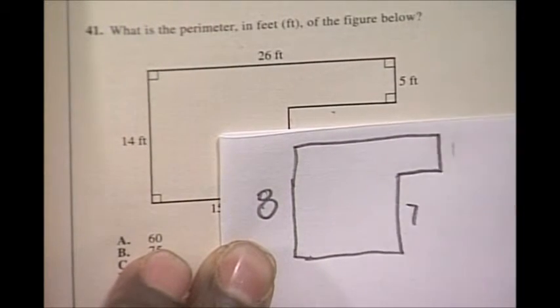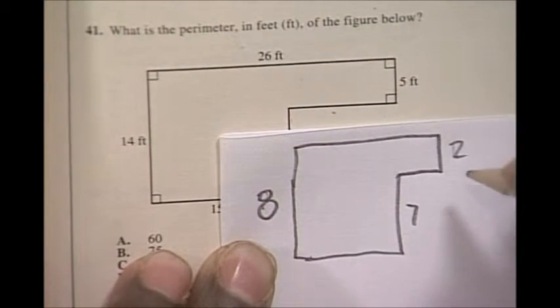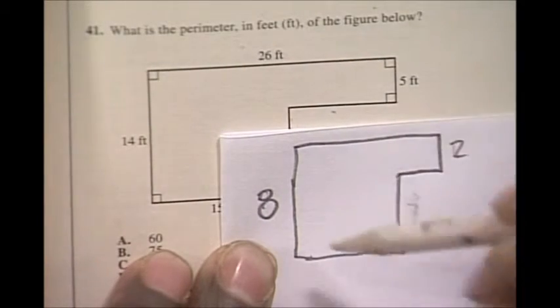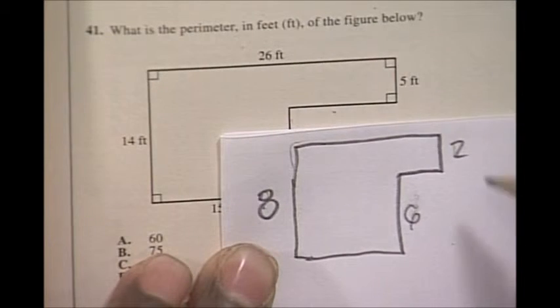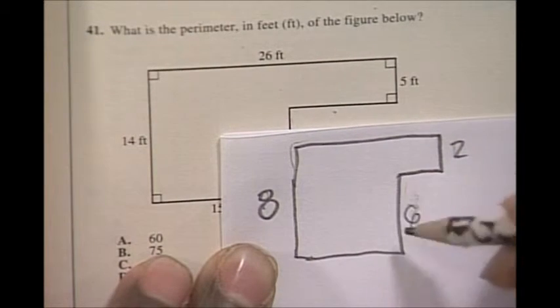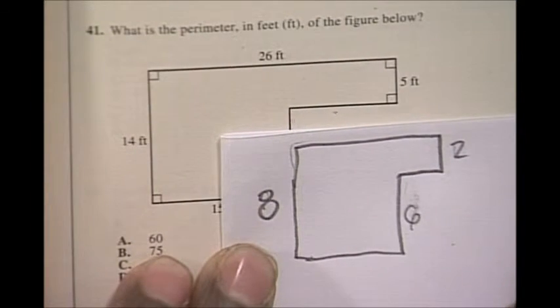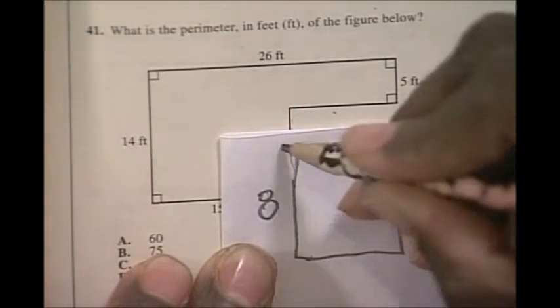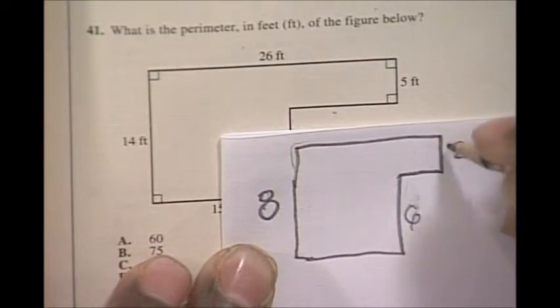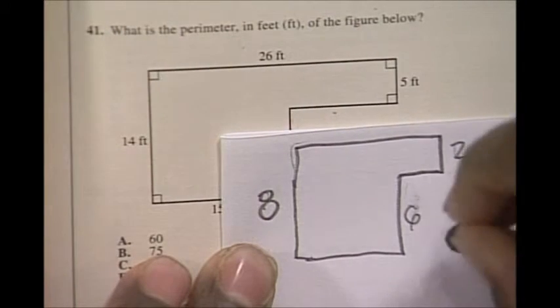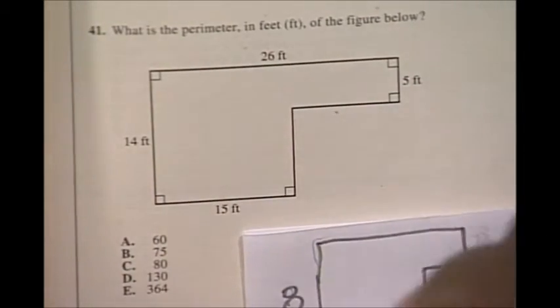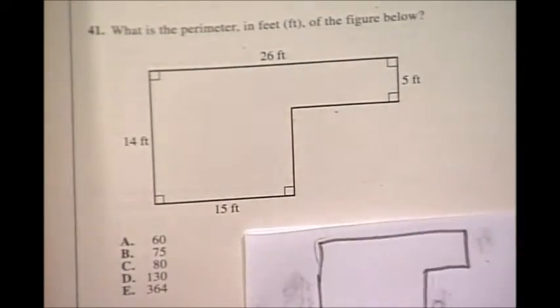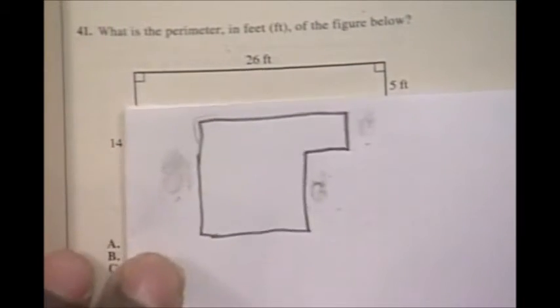This could be a 2 and this could be a 6. If you need the distance all the way around, it really doesn't matter what these individual lengths are. The only thing that really matters is if they give you that's 8, the sum of these distances must be 8. So that is the backbone of this problem that we're working with here.